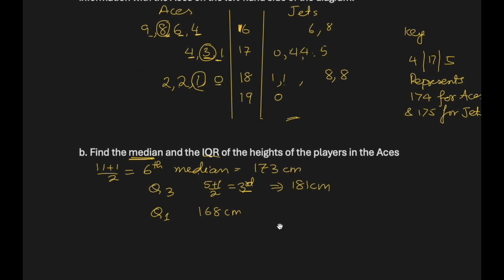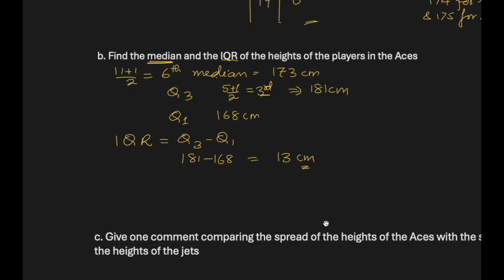However, they asked us to find the IQR, interquartile range. So the interquartile range is Q3 minus Q1, which is 181 minus 168, that is 13 centimeters. This is the IQR.